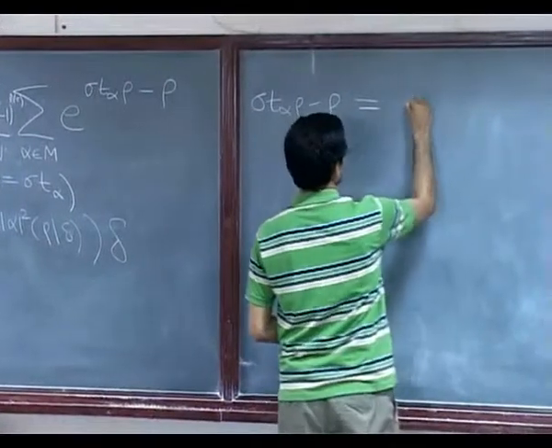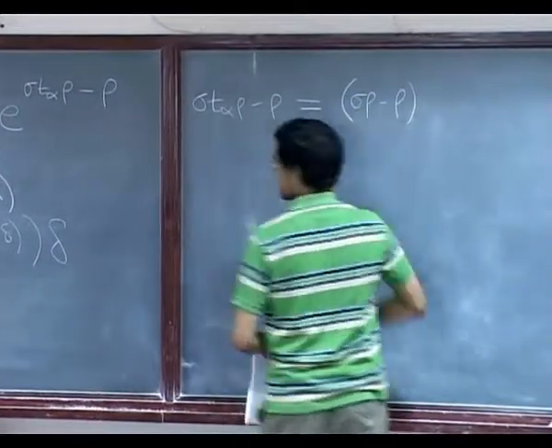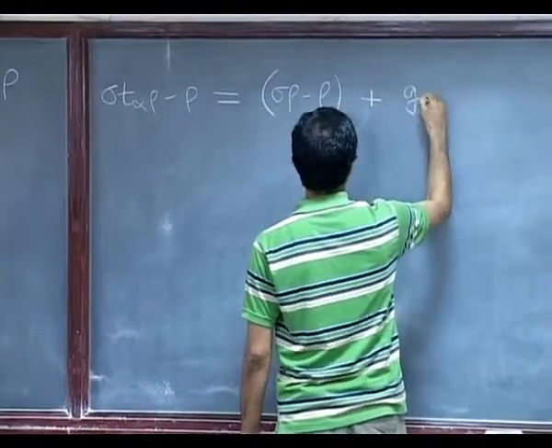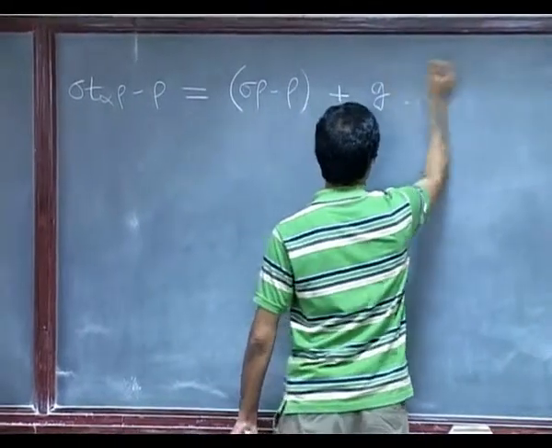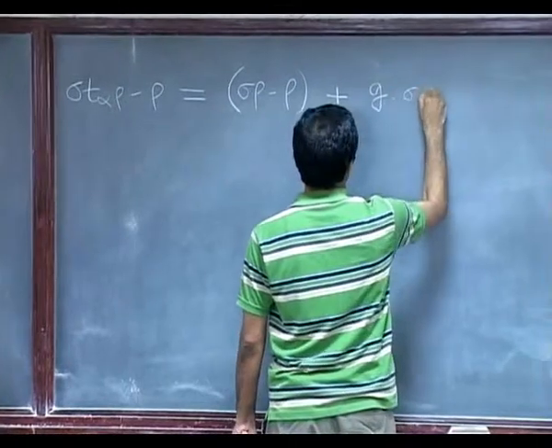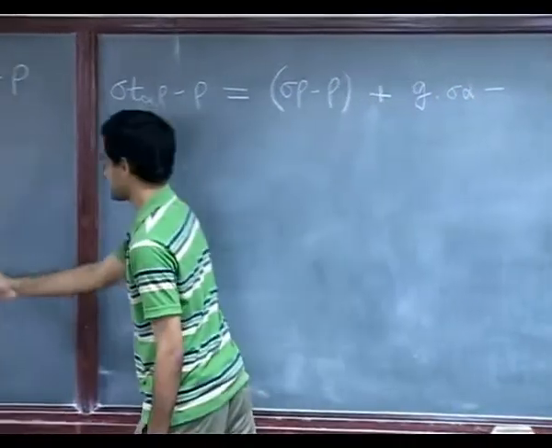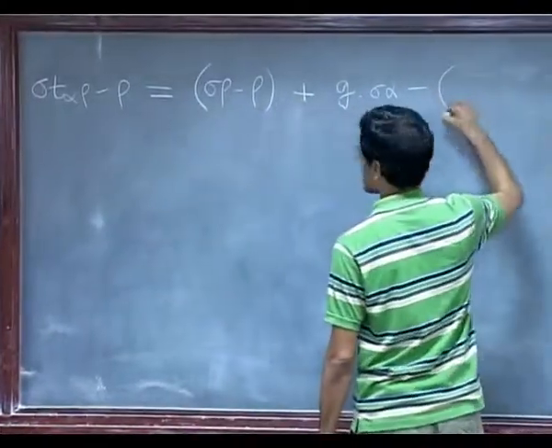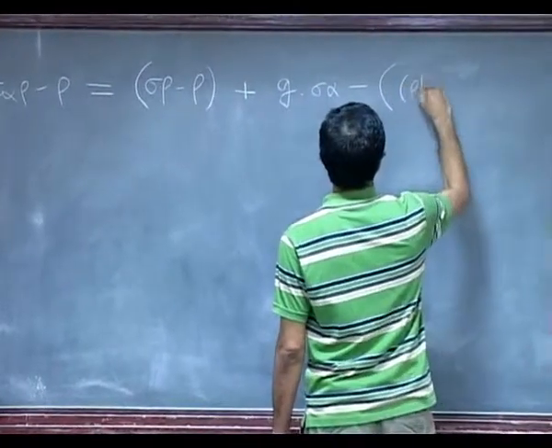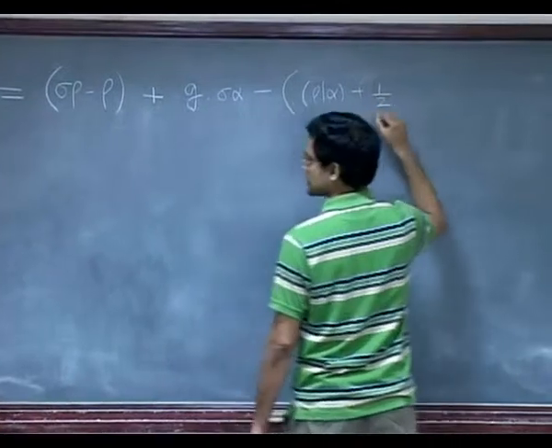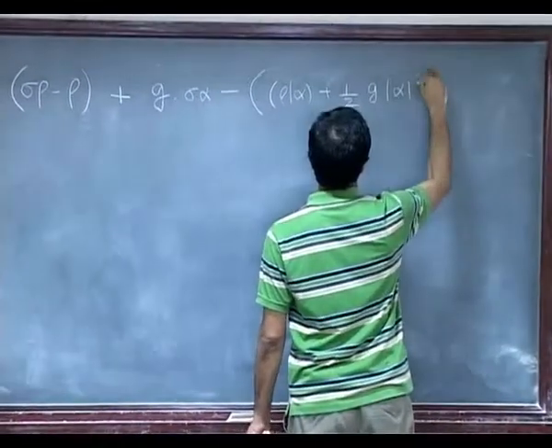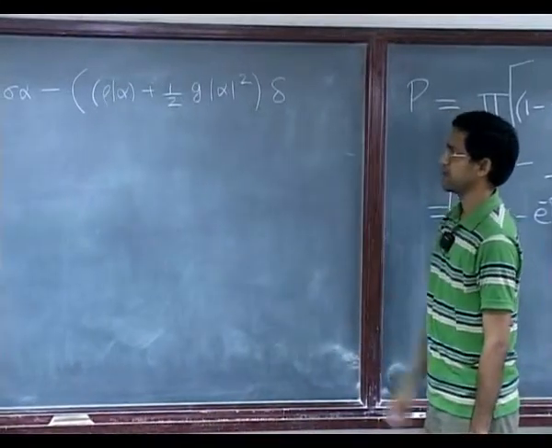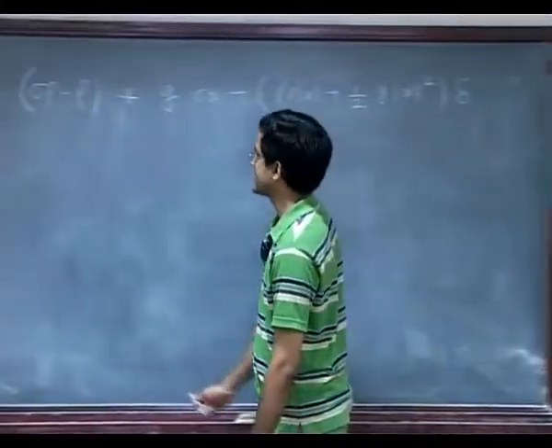So of course it gives me sigma rho minus rho, and again you will get plus rho delta, which I am now calling this number g times rho alpha, g times sigma alpha, minus, as before, observe sigma on delta is just delta, delta is left invariant under the Weyl group, therefore it's minus whatever the number was, rho alpha plus half g mod alpha square times delta.